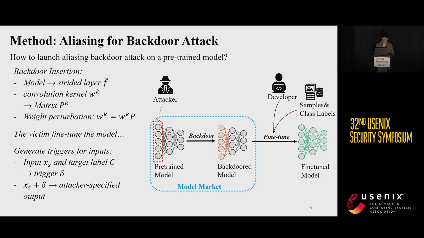Note that stride layers are typically deployed as the first layer of the pre-trained model, so if you can manipulate the output of the stride layer, you can manipulate the output of the pre-trained model. After the victim fine-tunes the model, the attacker generates triggers for inputs. Given an input and the target label, the attacker should generate a stealthy enough trigger and use this trigger to get the attacker-specified output.